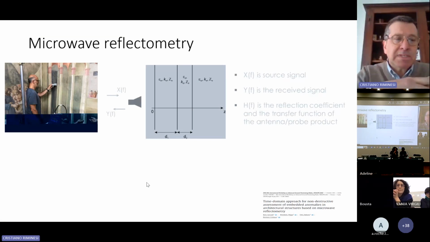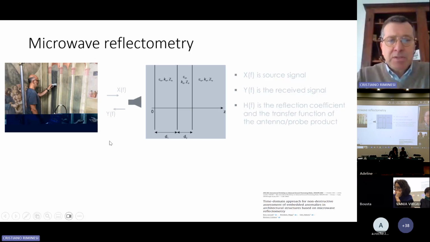We need resolution up to 1 centimeter. So we tried to develop this new system, the microwave reflectometer, that operates in this way. This is a sketch of the stratified medium. This is the interface between air and the wall.